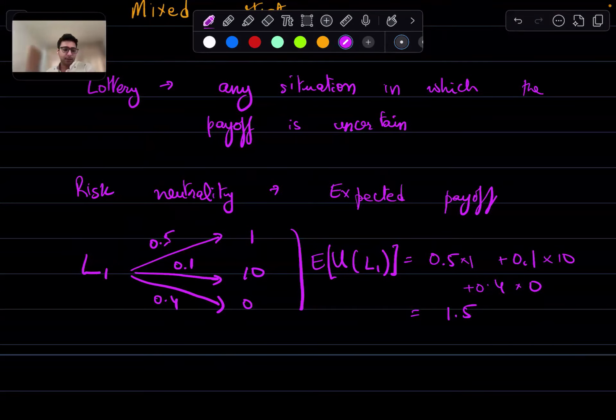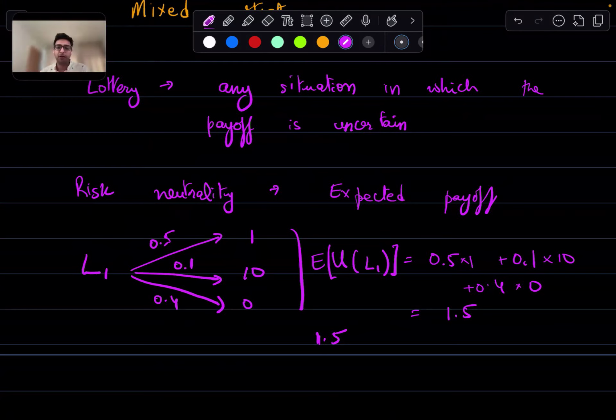Okay. And so if you're risk neutral, you'd be just indifferent between getting the lottery L1 and just being offered 1.5 units of utility for sure. If you're risk loving, then you prefer having the uncertainty of maybe getting 10. That seems appealing to you.